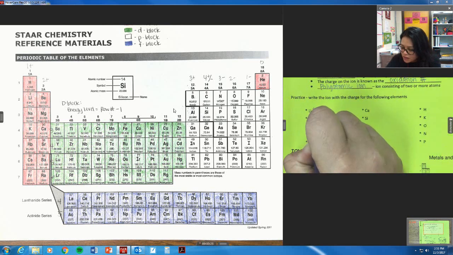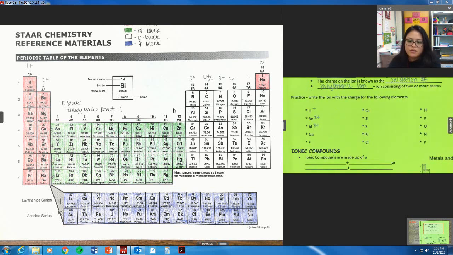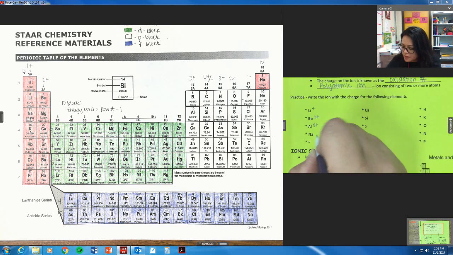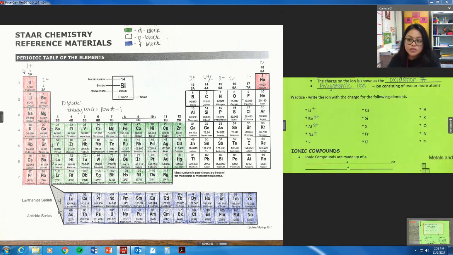So 3 positive. And then sodium. Sodium is in group 1A, so its charge is going to be a +1. And then fluorine is in group 7A, so it's going to have an oxidation of -1. So -1 for fluorine.